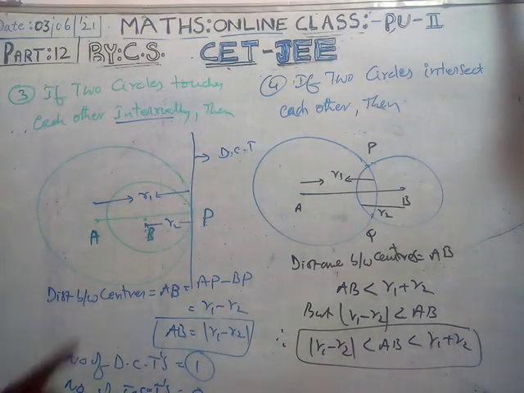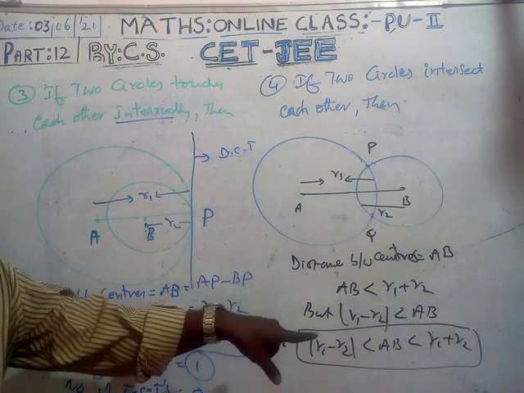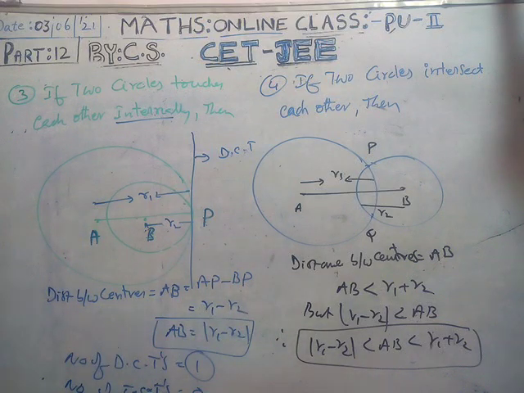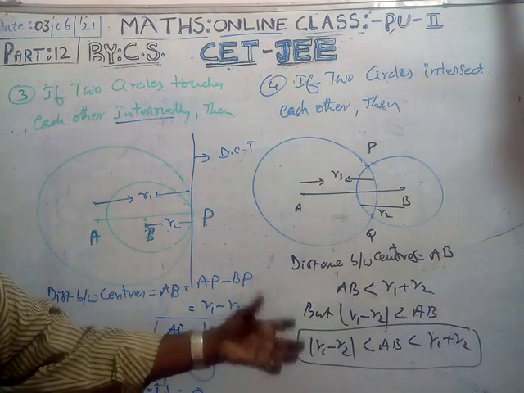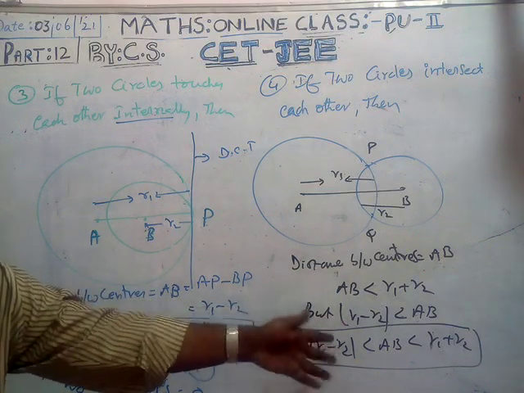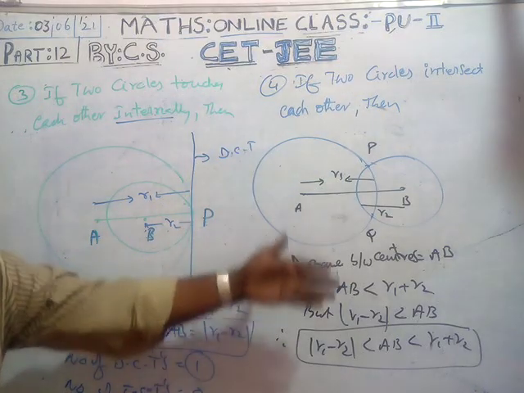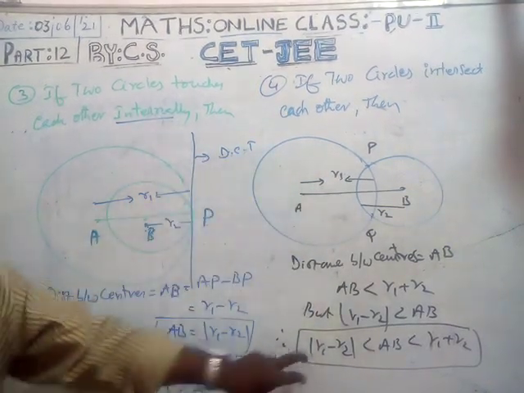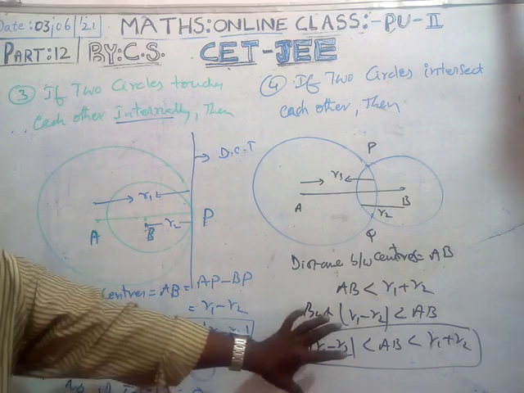The first case was AB greater than R1 plus R2. Here AB is less than R1 plus R2. That is also enough. Very simply, AB less than R1 plus R2 means the sum of radii is more than the distance between centers, so it is intersecting. The other part is extra, not needed, but remember it.